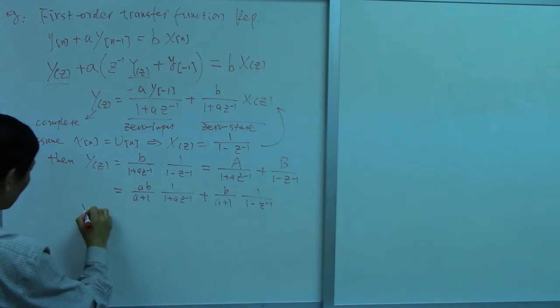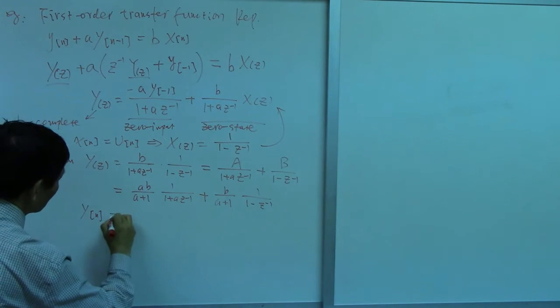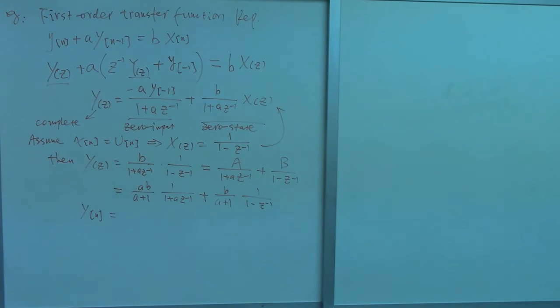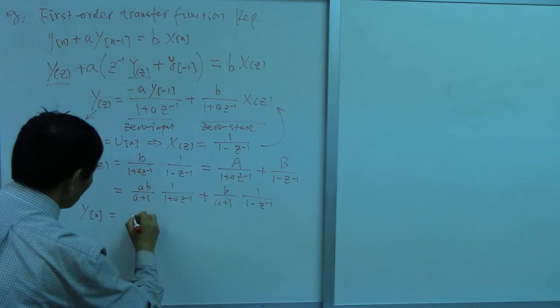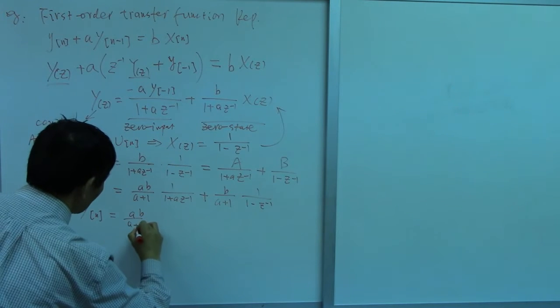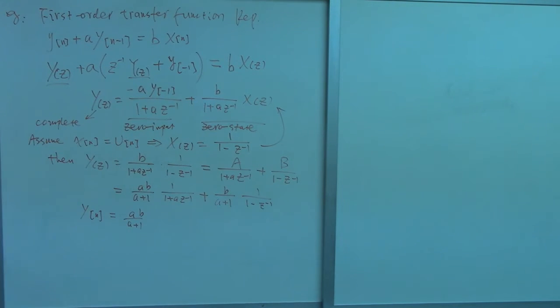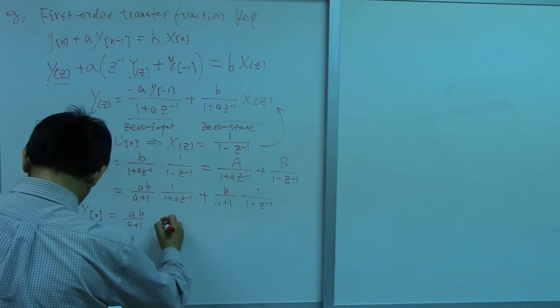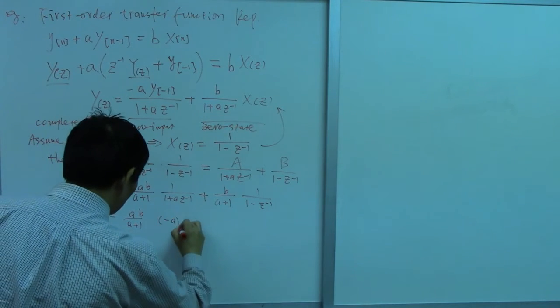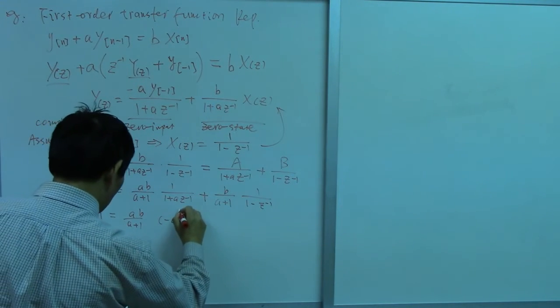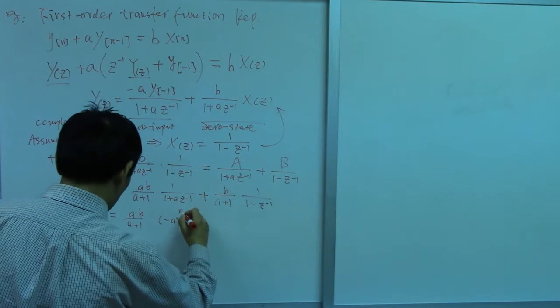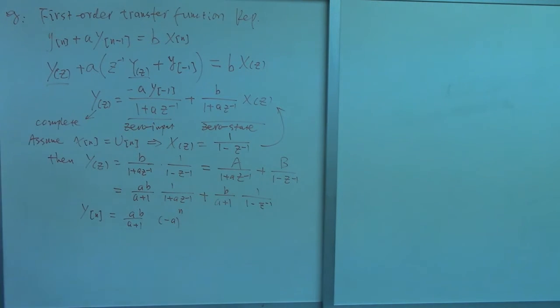So y[n] will be equal to, using the linear property, this part will be ab over a plus 1. Do you still remember what's the inverse z transform for this? It looks like this is exponential, so that will be equal to negative a to the n, and u[n].